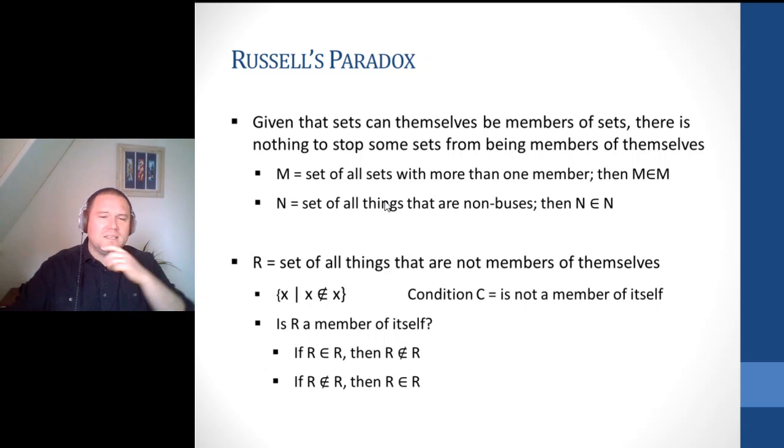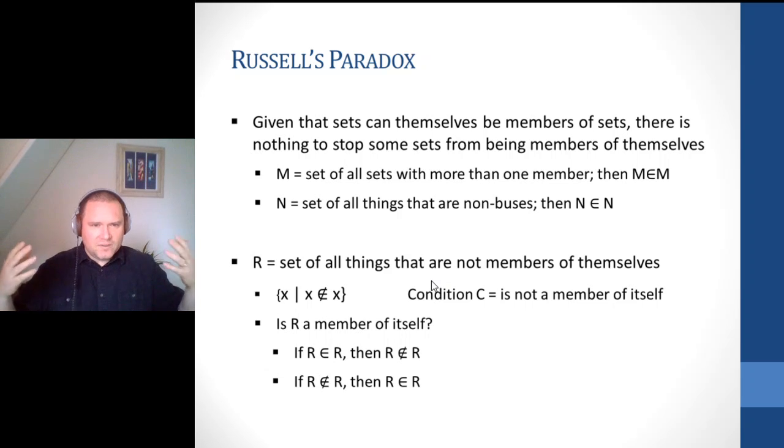Now, running with this idea, let's define R as the set of all things that aren't members of themselves. So basically we can express it this way: it's the set of all x such that x is not a member of x. So clearly M and N, as we defined them up there, aren't going to be members of R. And the condition we've defined here is effectively "is not a member of itself."